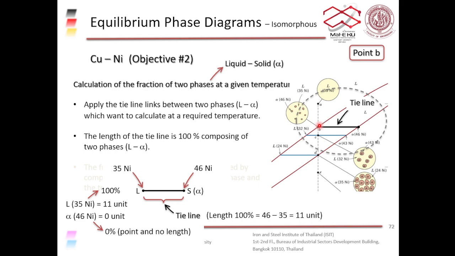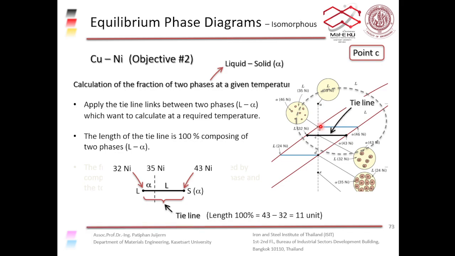We have just a little bit of nucleus forming, less than 1%, less than even 0.0001%, right? So you have just a little bit. We can say that's 0% solid, 100% liquid at this point.